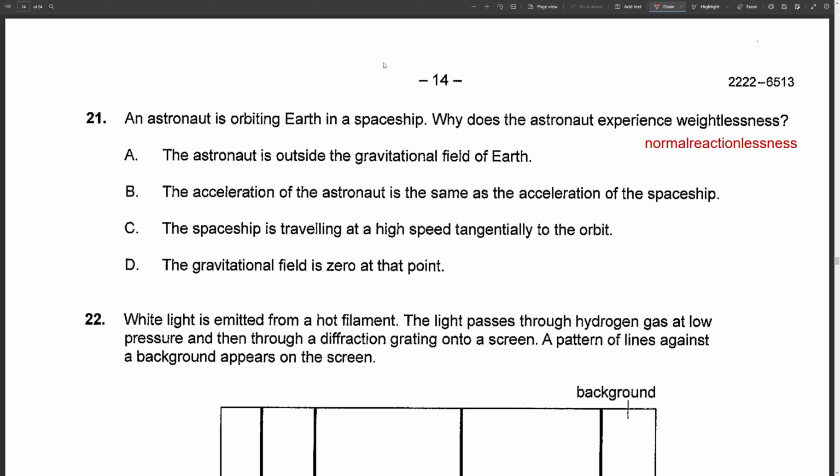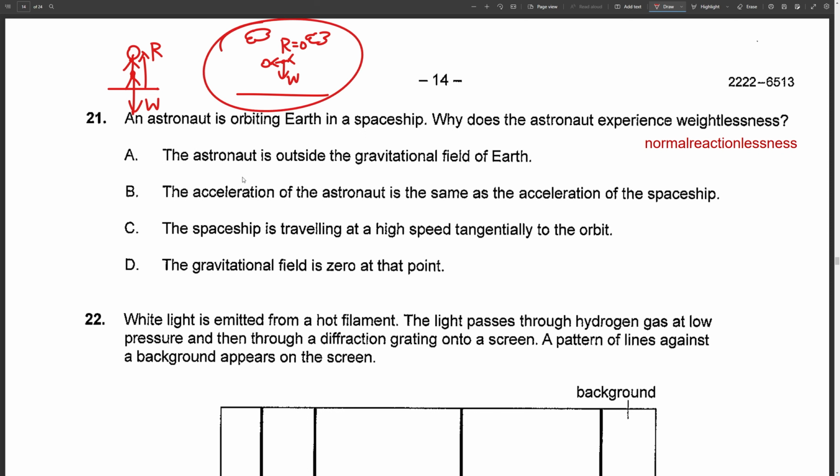For instance, if you are standing on the ground on the earth, then on your body there is a weight and there is a normal reaction. But if you are falling through the sky, maybe skydiving, then you will experience a weight, but there is no normal reaction. And this is weightlessness, or my term, normal reactionlessness.